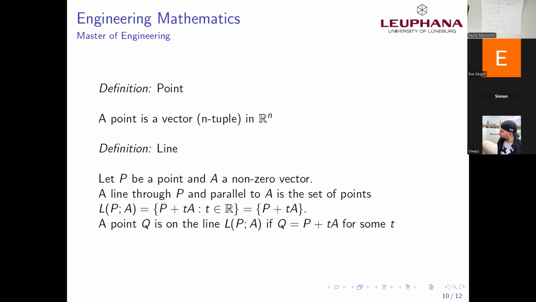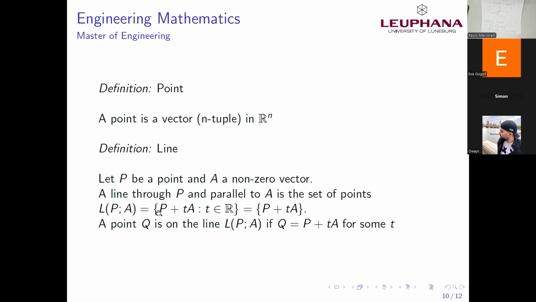A line through the point P and parallel to the vector A is the set of the points L through P parallel to A. We can read this expression here. Equal what? A set.